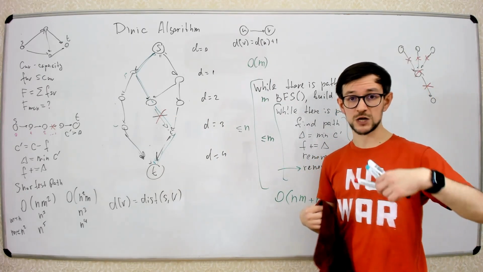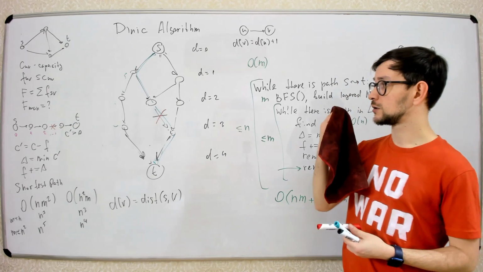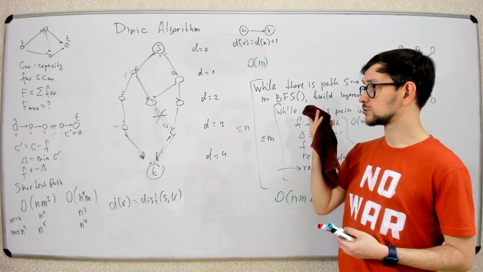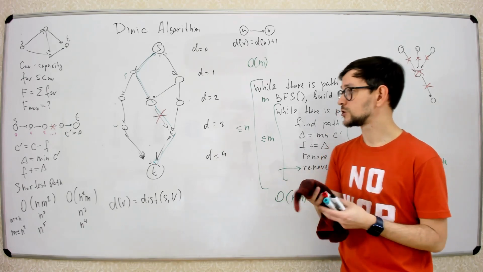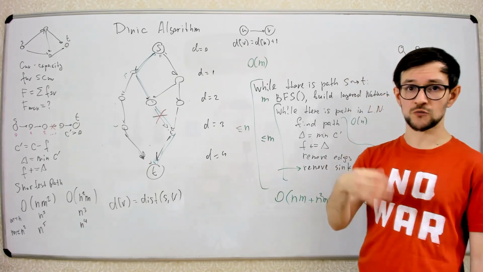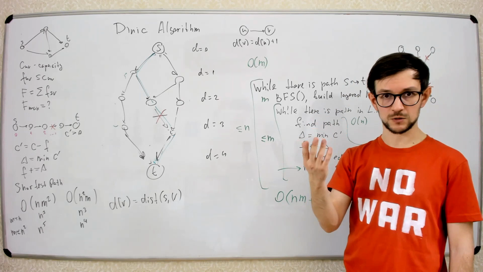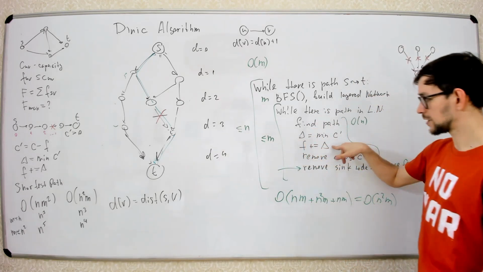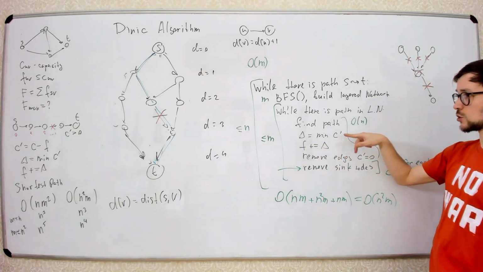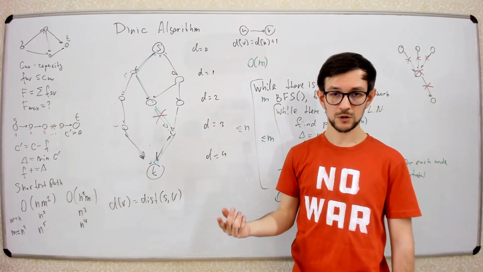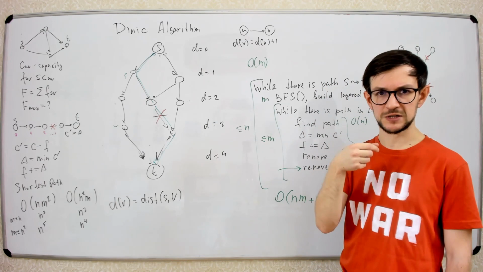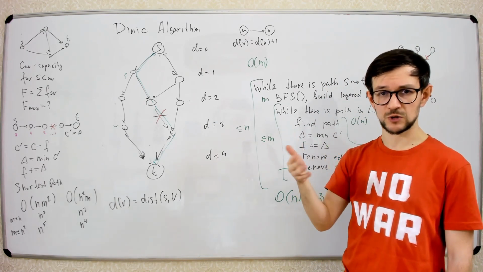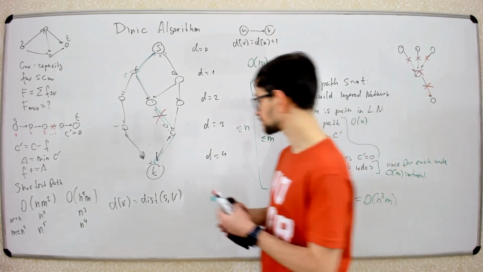So you remove this edge. Again, you cannot remove it explicitly. You can just say that the residual capacity of this edge is 0. When you increase the flow here, the residual capacity of this edge will become 0. So you cannot remove it explicitly, you can just skip it when you find the shortest path.